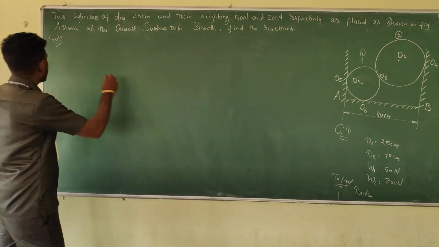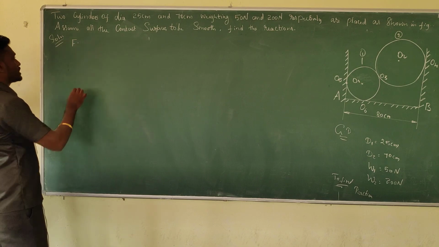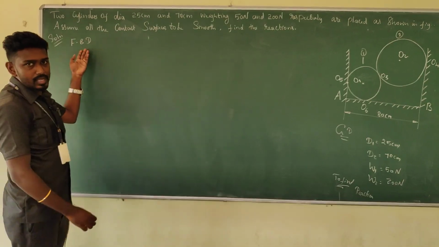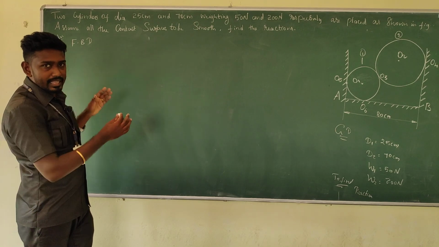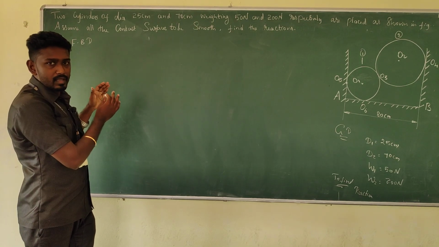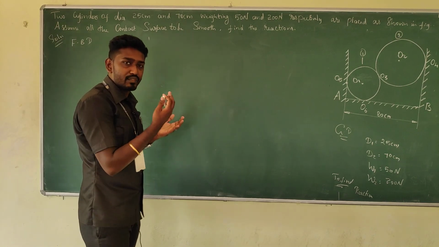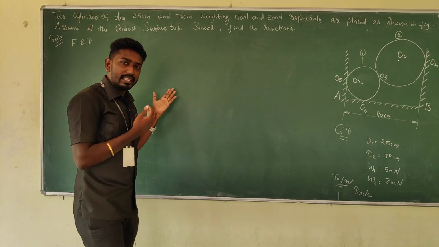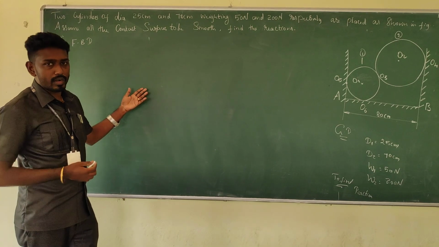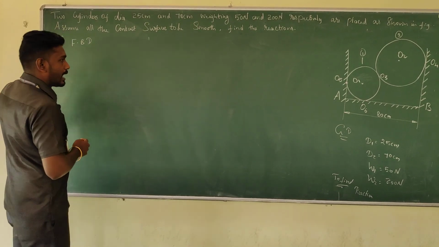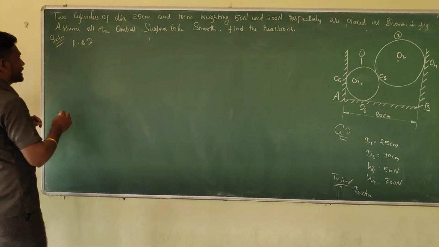The free body diagram is the first step. It is the body isolated, a sketch which shows the external forces and the reactions acting on it. So we need to show the force system in the free body diagram first.